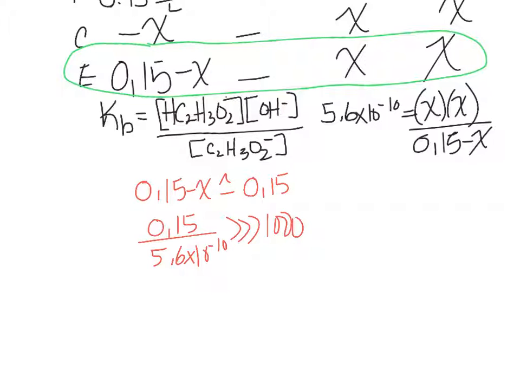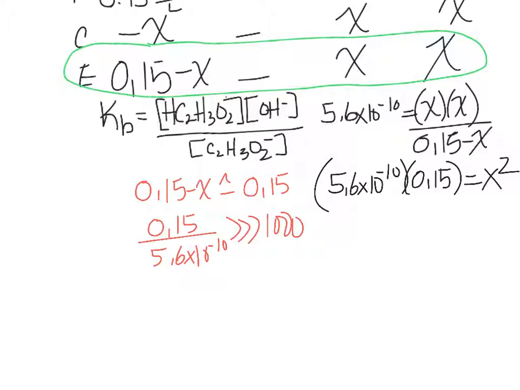So 5.6 times 10 to the negative 10 times 0.15 is equal to x squared.